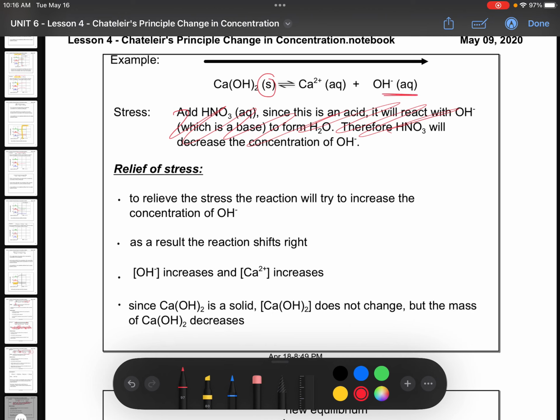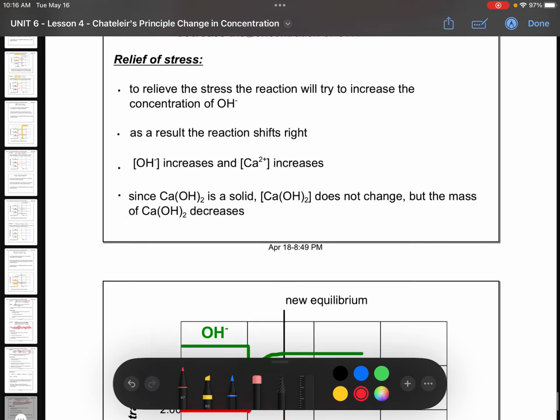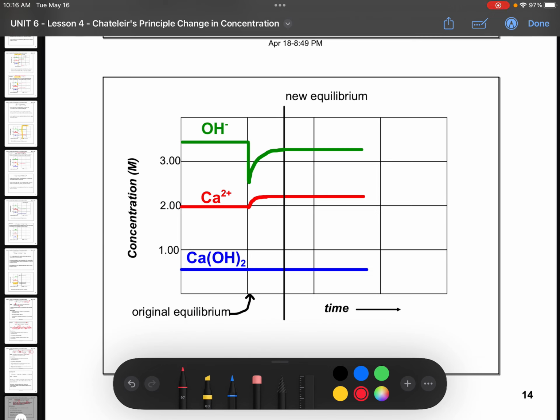Once again, we are not looking at our solid increasing or decreasing. We're looking at the stress of OH, which is not a solid or a liquid, and so therefore we can shift left or right. Once again, our solid is still impacted, not via concentration, but via mass. Because we are shifting to the right, the mass of CaOH2 is going to decrease, not the concentration of it.